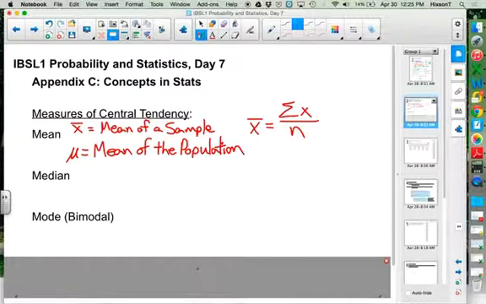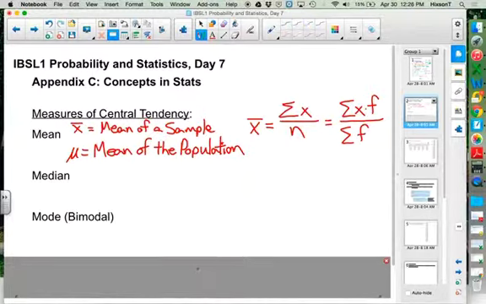We can also look at mean as it relates to scores that are given with a certain frequency. And the example we're going to do is actually going to use this, so you'll see it in action. But we have the sum of the scores times their frequencies over the sum of the frequencies.